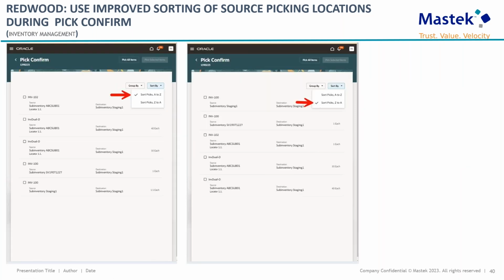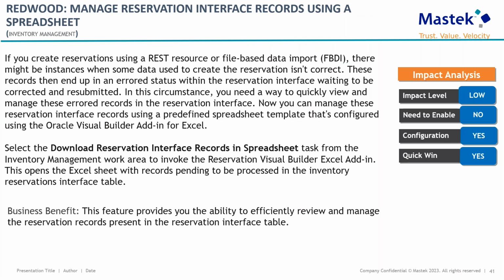Let me move on to the next new feature, which is manage reservation interface record using a spreadsheet. Oracle 25B introduces a new way to manage reservation interface errors more efficiently using a spreadsheet now.